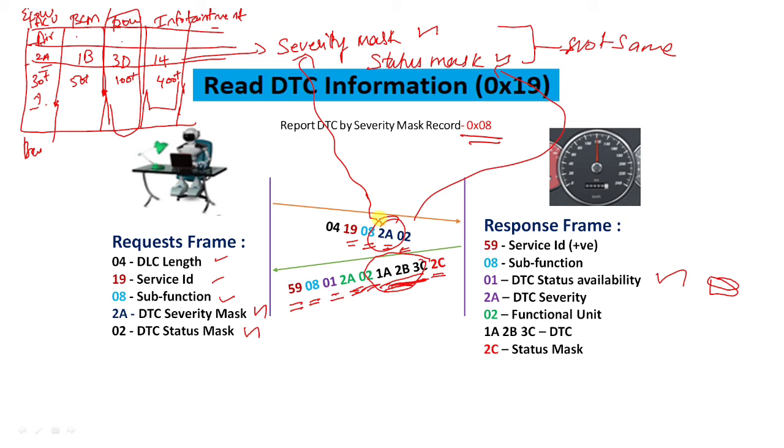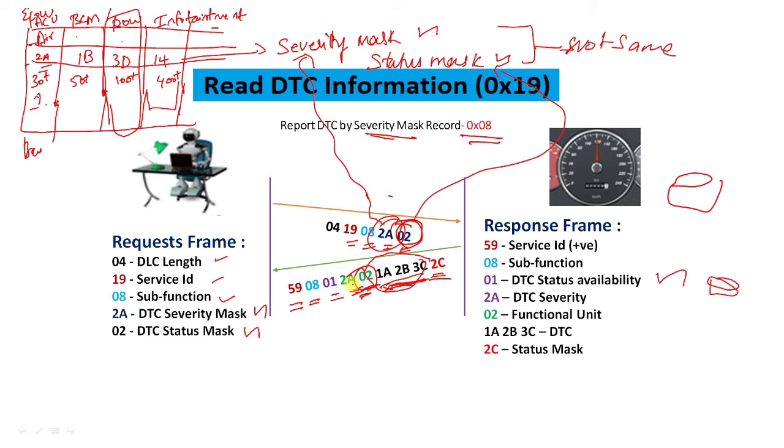If you fetch the input as a severity mask record, so for example 2A, in 2A we have 30 plus DTCs. In that, what are the active DTCs that will start to fetch here as an output, and this is status. And here also you can see functional unit. Functional unit is something that has this severity; this DTC will be in some unit, some container. So that one also you have to specify, and you will get that as output.